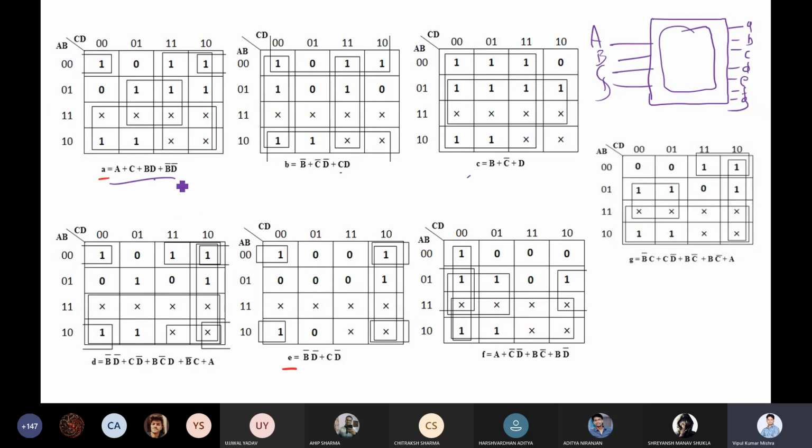Circuit means one which will realize these equations. So based on that, you are able to make the entire circuit. Any doubt? Anyone? Guys, any doubt here?